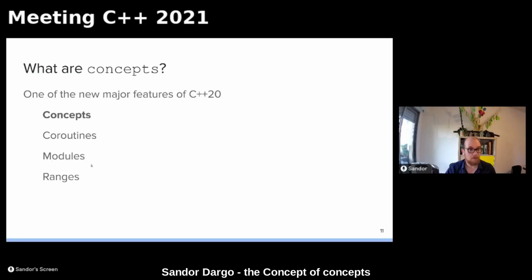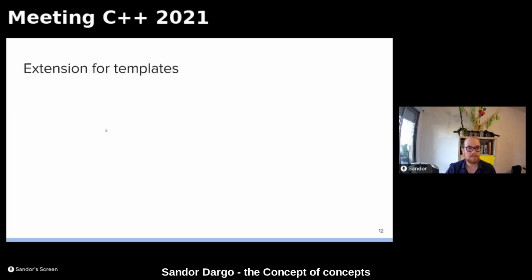Then we have modules, and I think that tonight with Gabriel, we'll have a really interesting Ask Me Anything session, mostly about modules. We have coroutines, and finally, we have concepts. That's what we are talking about here.